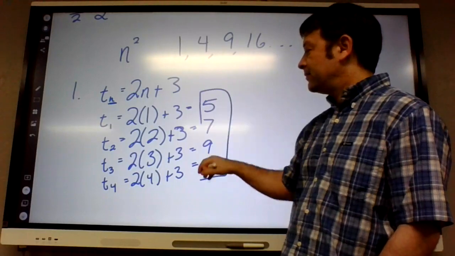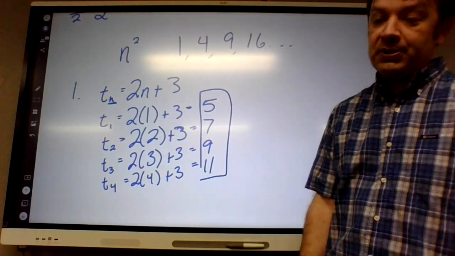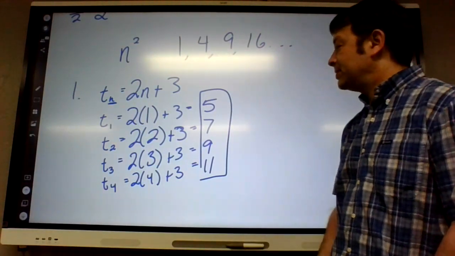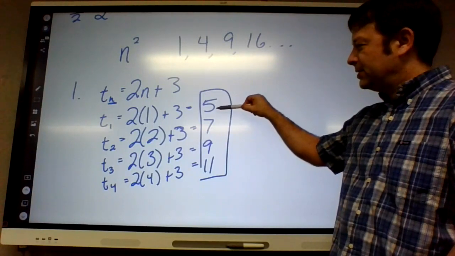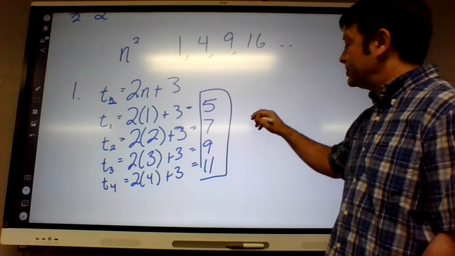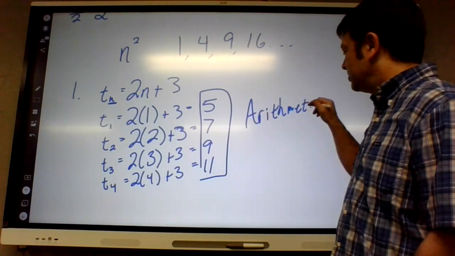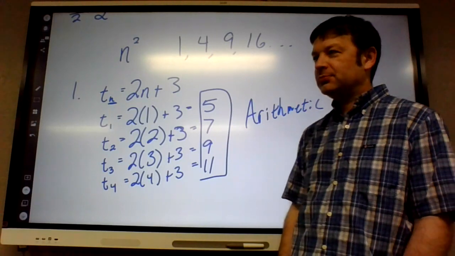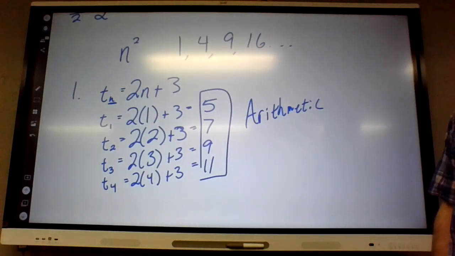So those are the first 4 terms in the sequence. Oh, and what kind of sequence is it? What's the pattern here? It's plus 2, so it is arithmetic. We're supposed to write that also. That's like my first example almost, except it starts at a different spot.